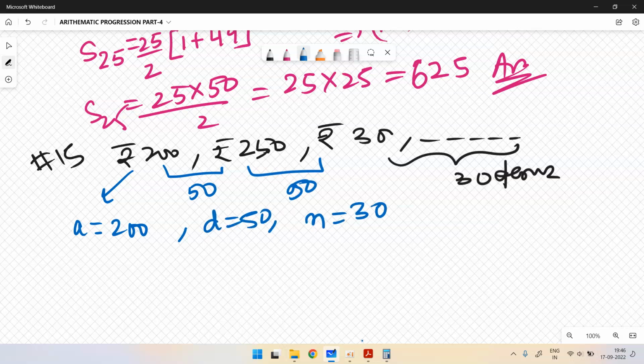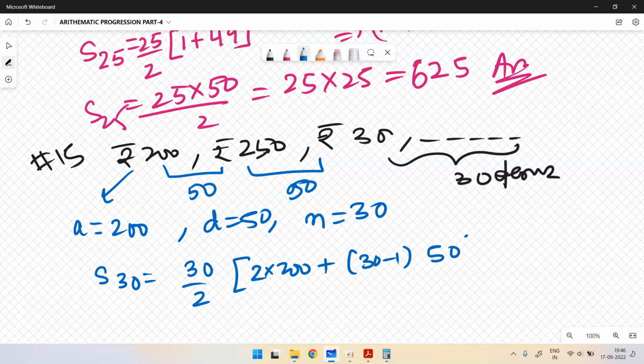Directly applying the formula, S30 is 30 by 2, that is n by 2, into 2a, 2 into 200, plus n minus 1, that is 30 minus 1, into d, which is 50. The 2 gets cancelled, leaving 1 and 25.